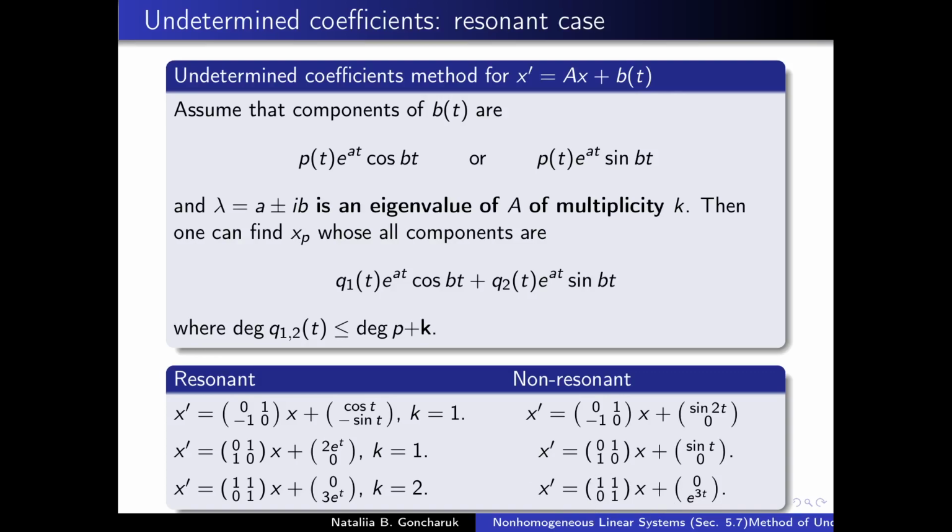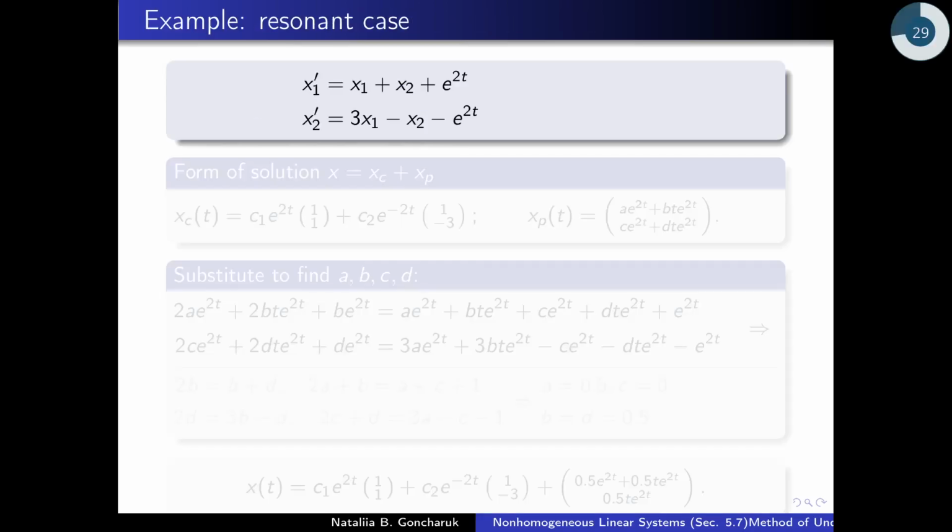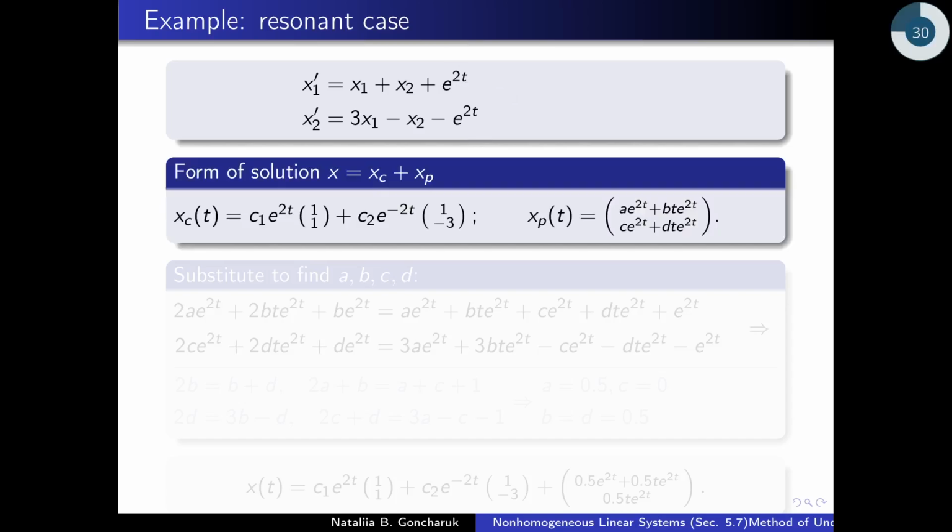Let's have an example of a resonant equation. I chose the same matrix A as before, but a different b. b used to be e to the power t, and now it is e to the power 2t, which is a resonance. So first of all, I'm writing out the complementary function, same as in the previous example.